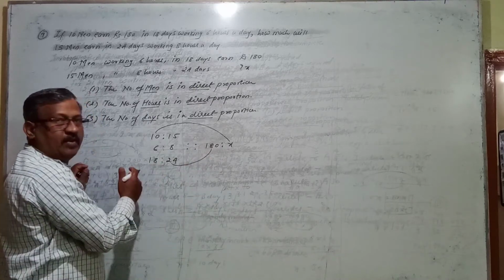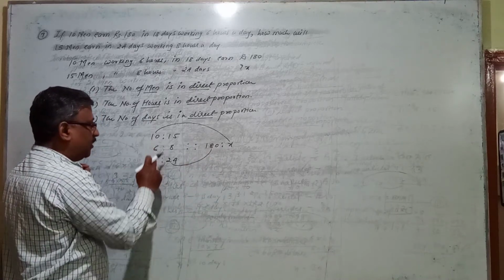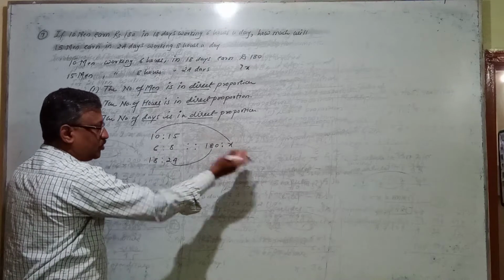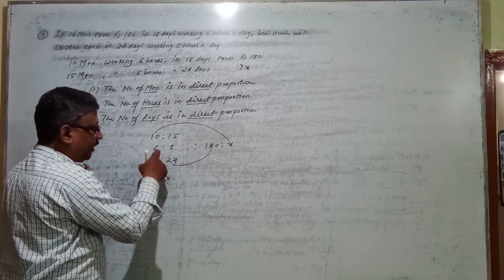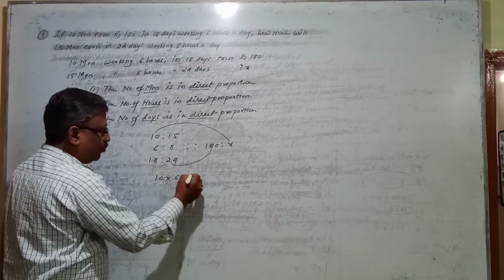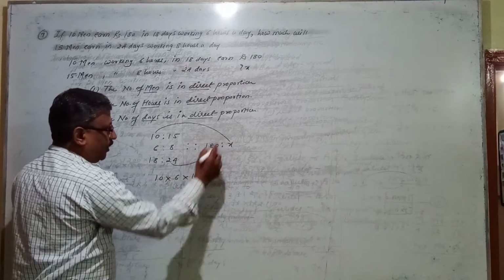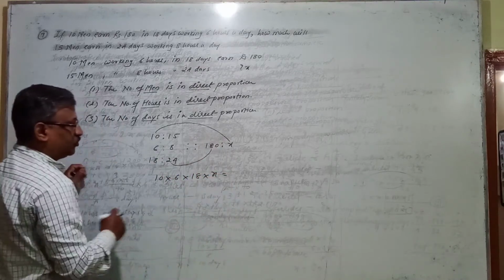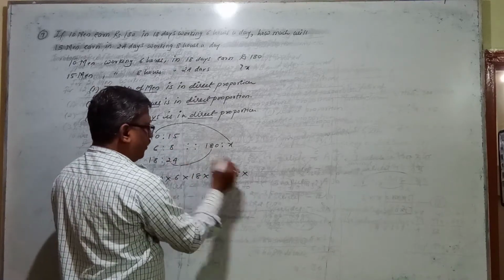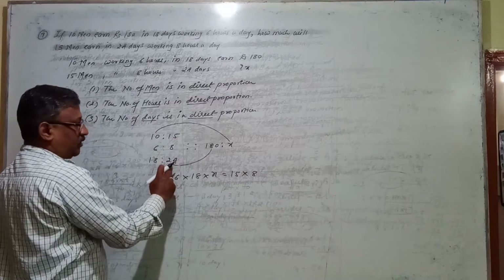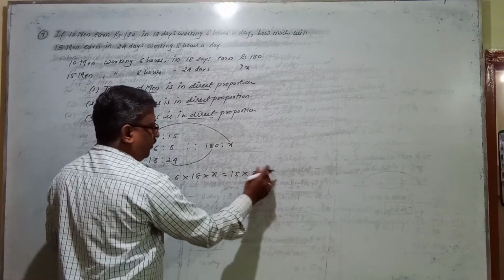So multiply them separately: extremes on one side, means on the other. My extremes are 10 into 6 into 18 into X. This is equal to my means, 15 into 8 into 24 into 180.